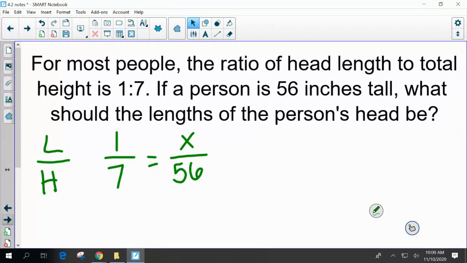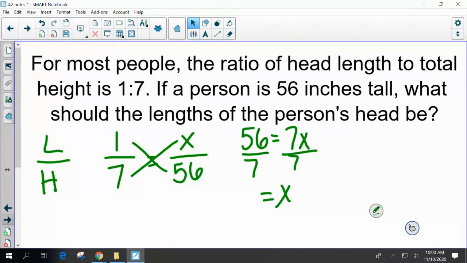So how you would solve this is you would cross multiply. So 56 times 1 equals 56. And then 7 times x equals 7x. Okay, and then I just have a one-step equation. So what do I do next? Divide by 7. So x equals 8.